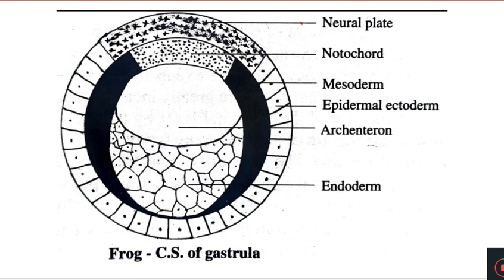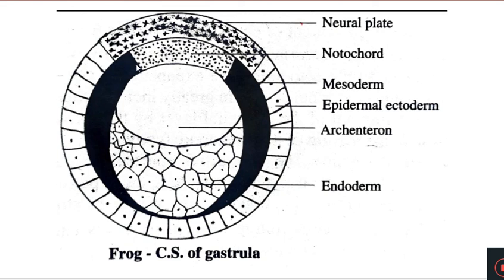So this will be like a tube, where the outer wall is made up of the ectoderm and the inner wall is made up of notochord, mesoderm and endoderm, and later the endoderm will form the actual lining of this gut, pushing the mesoderm between itself and the ectoderm.